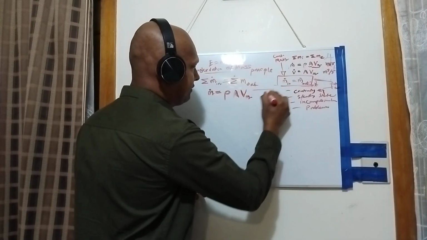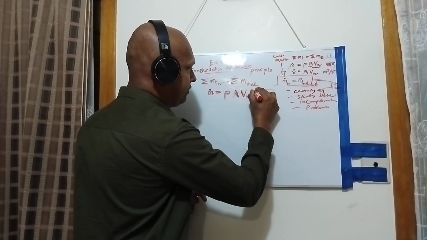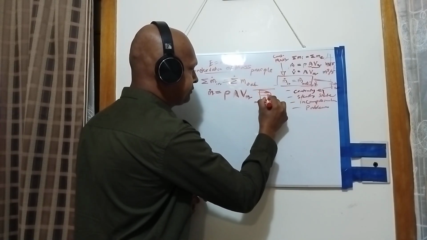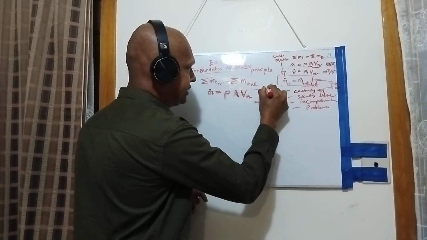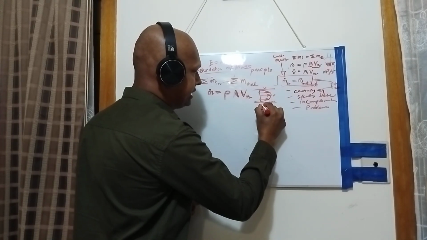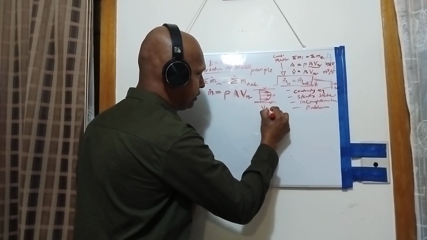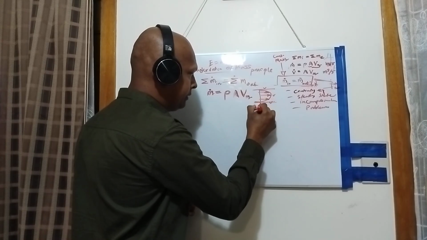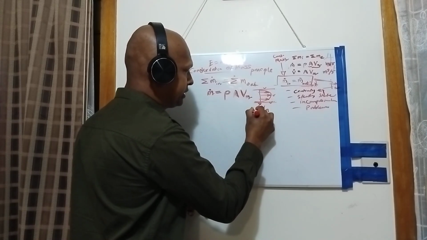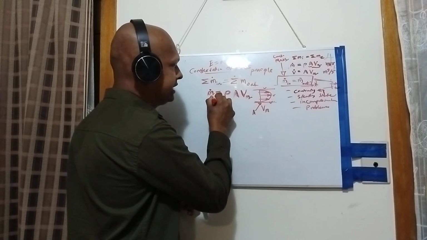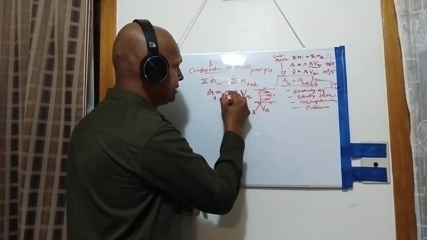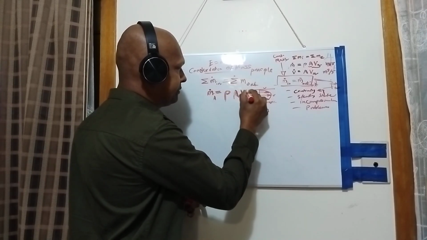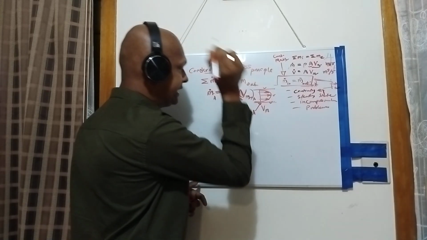For example, if you have a flow like this, the velocity profiles are like that, so the velocity changes all the time. In a situation like that, it is the mean velocity that calculates the mass flow rate at that particular point. So if this is point A, the mass flow rate at point A equals rho times A times the mean velocity at that point A.